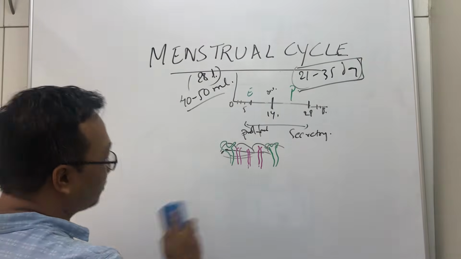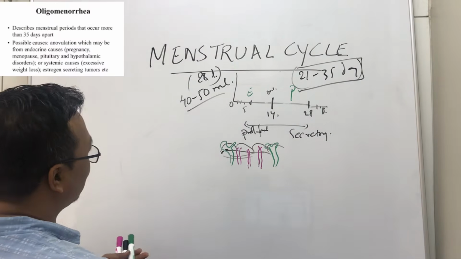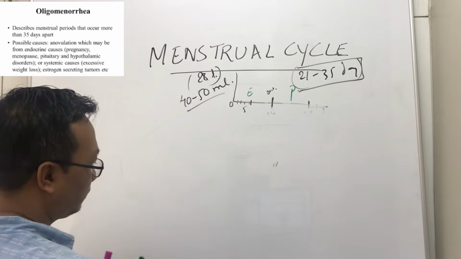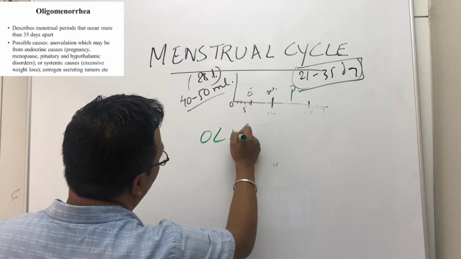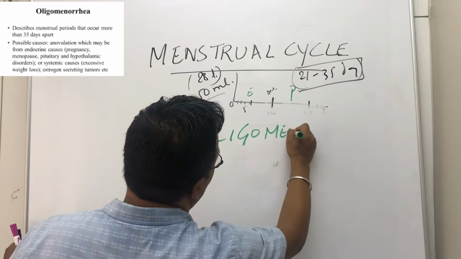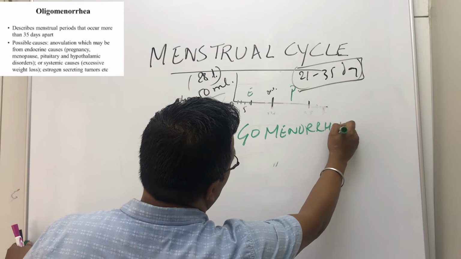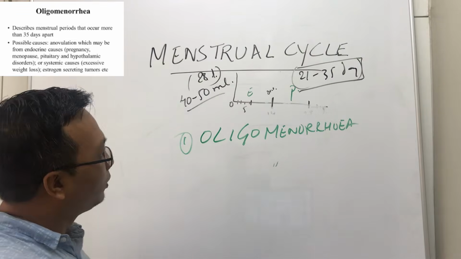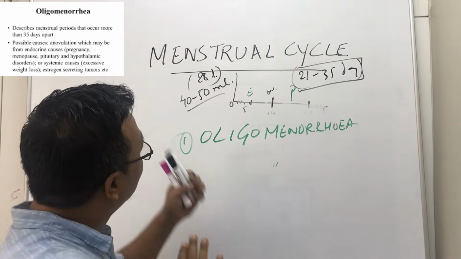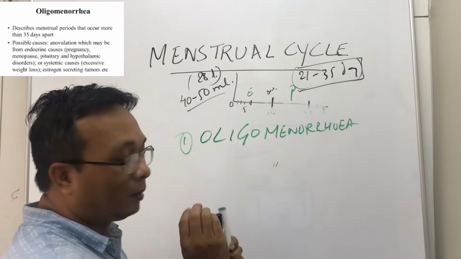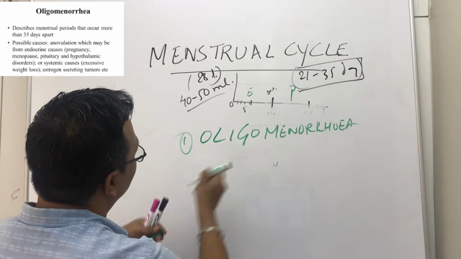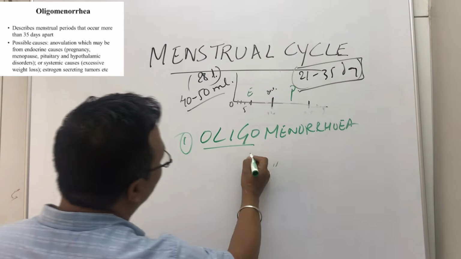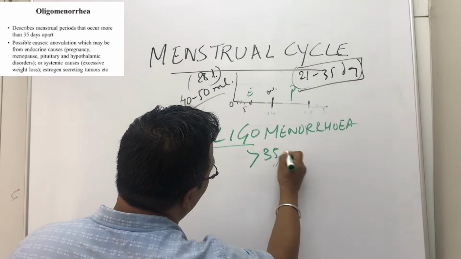So today we'll understand some terms. The first term is oligomenorrhea. Oligo means delayed or less.